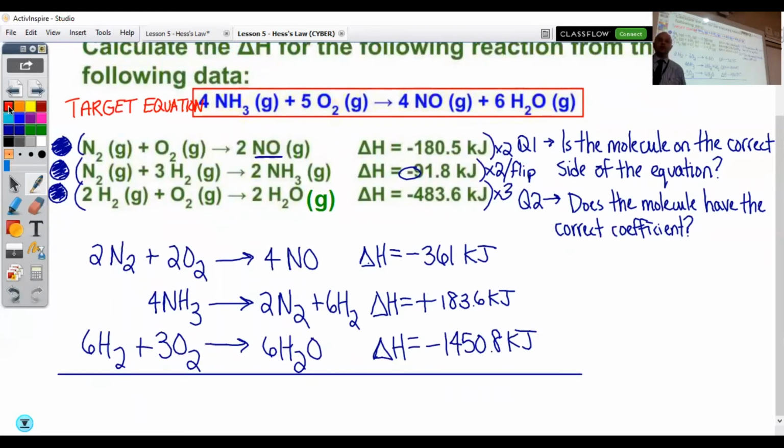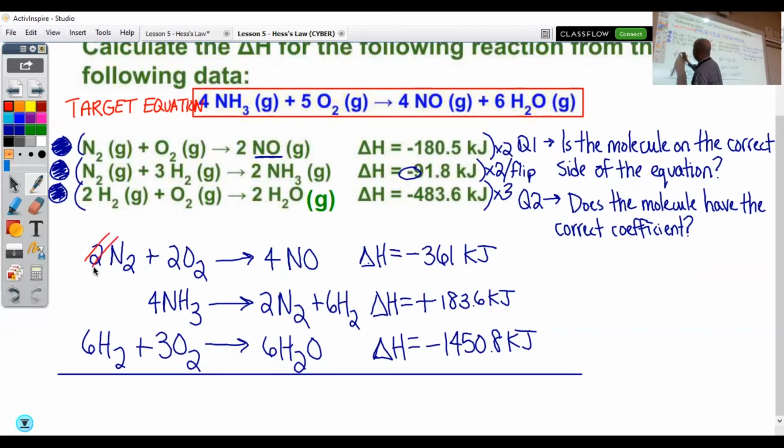First thing that you want to do is cross out or cancel out anything that appears the same way on both sides of the equation. Very similar to what you would do when you are looking at an equation in your algebra class. So if something appears the exact same way on both sides, it can be eliminated. For example, I have 2 nitrogens on the left side of my first reaction, and I have 2 nitrogens on the right side of my second reaction.